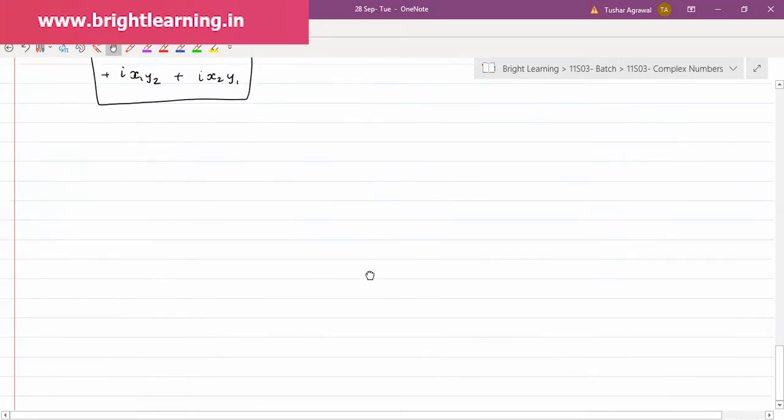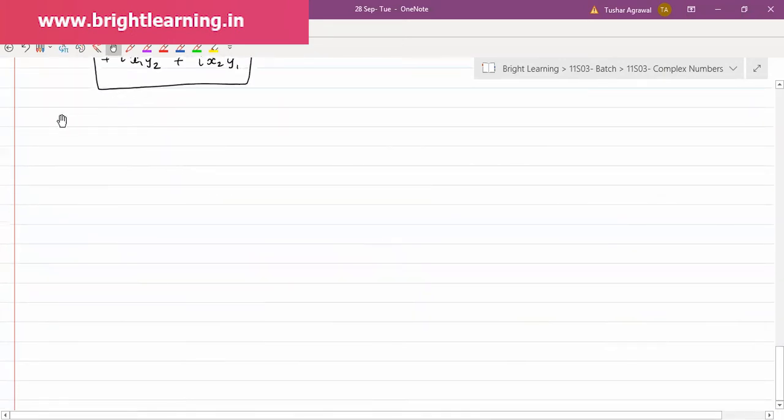Okay, will that be okay? So if that is clear, just do some multiplications. Solve, multiply. First, 2 plus 3i multiplied by 4 plus 5i.